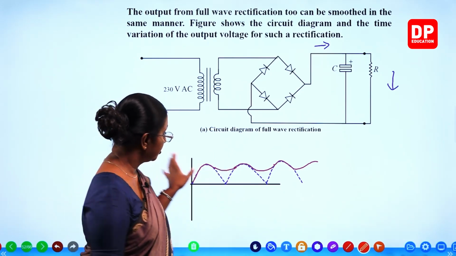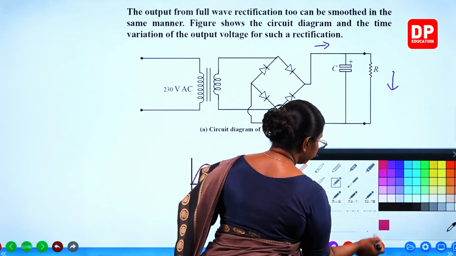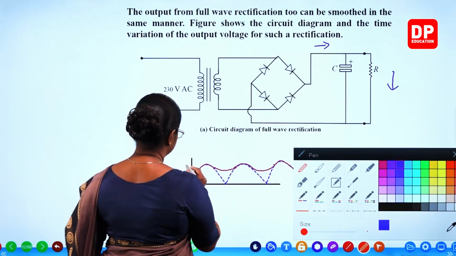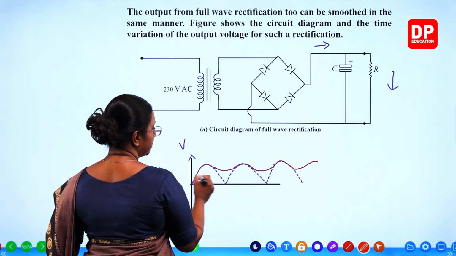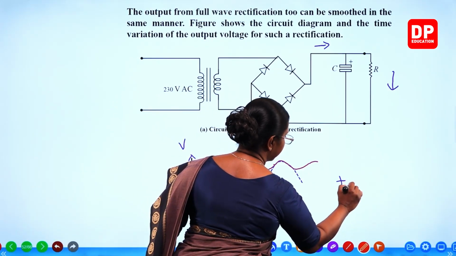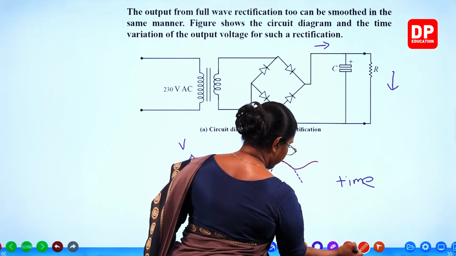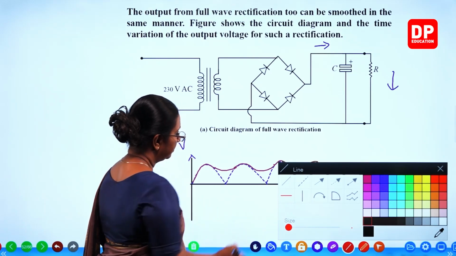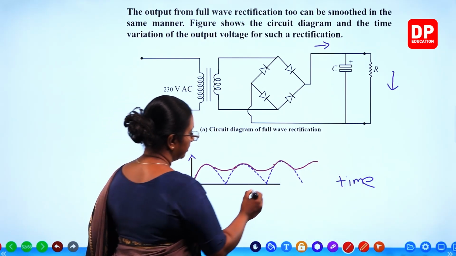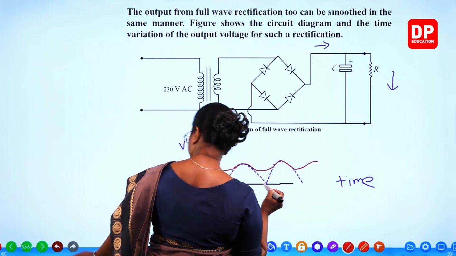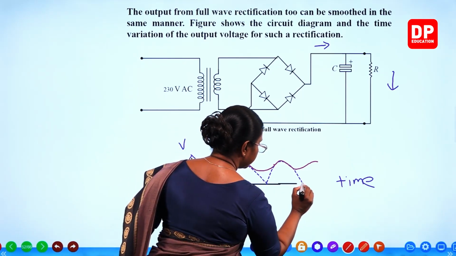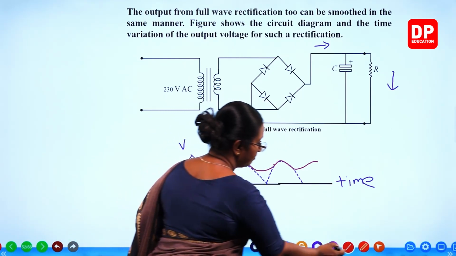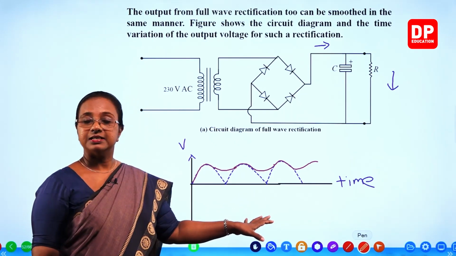Is that clear? So in this graph also, this is the voltage and that is the time axis. Now if I draw the axis more longer, that is the time axis. Is that clear, student?